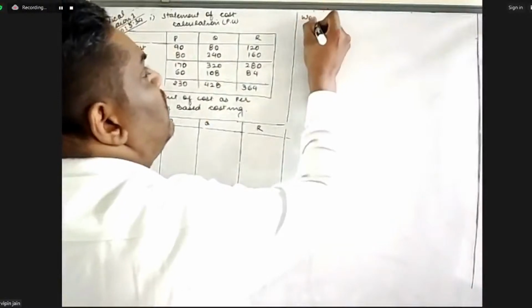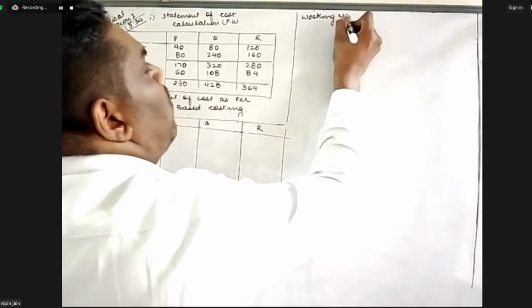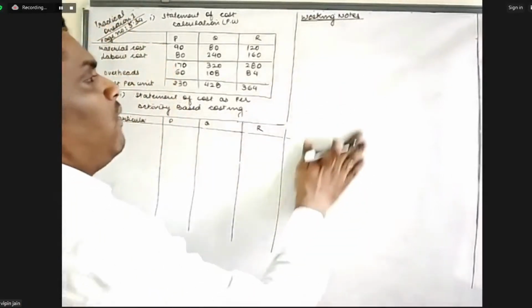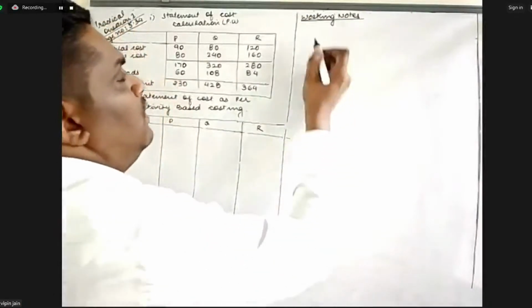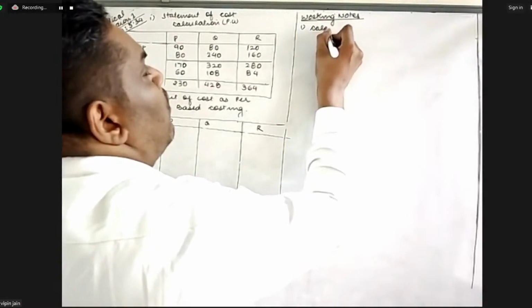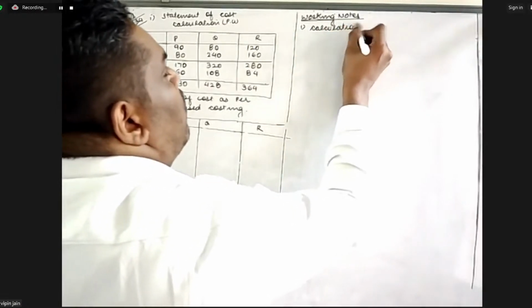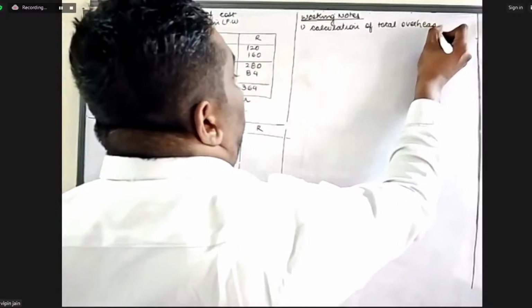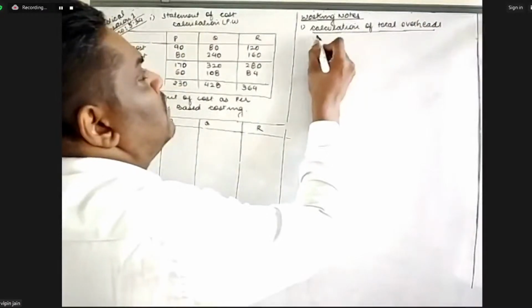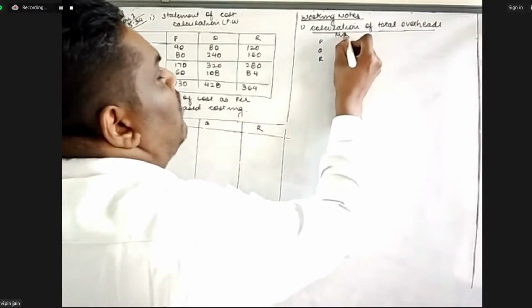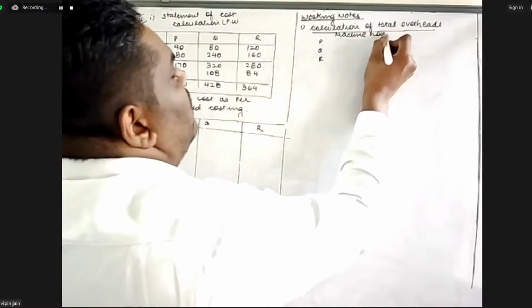So see, when talking about the calculation of overheads, we need to first calculate the total machine hours. So let's start with the working note. There are three products, P, Q, and R. So for calculation of total overhead, we need to calculate the machine hours.